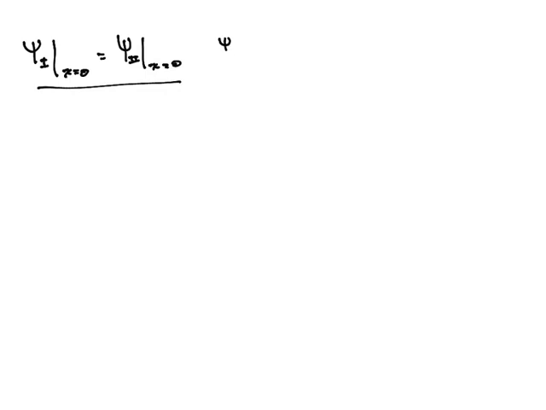And let's remember what psi1 was. Psi1 was a e to the kappa x, and psi2 was c sine kx plus d cosine kx. All right, so let's do this one. For this one it doesn't really matter.